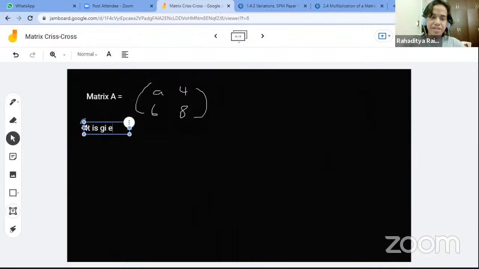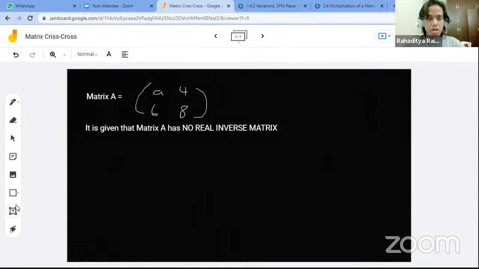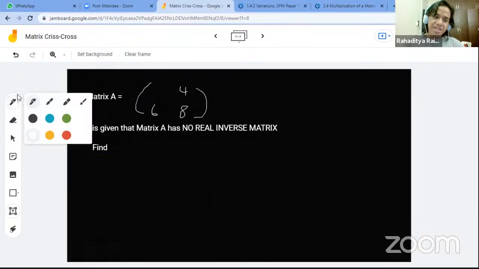It is given that matrix A has no inverse matrix. Or in other words, it has no real inverse matrix. Now find the value. Actually, I'll change this to X. Find the value of X.